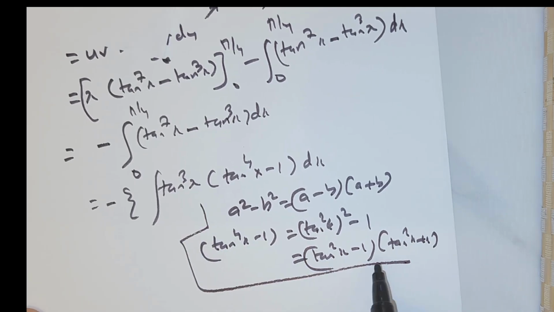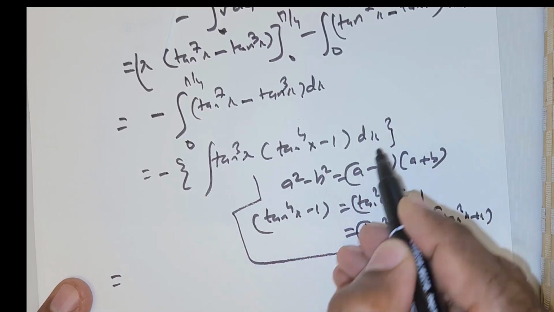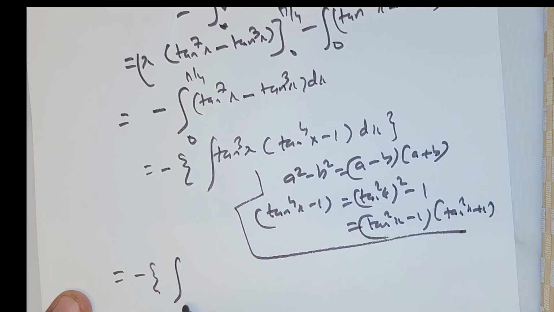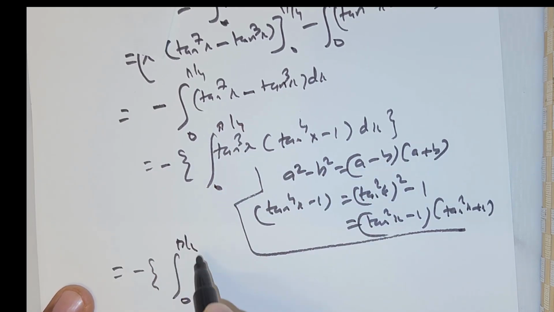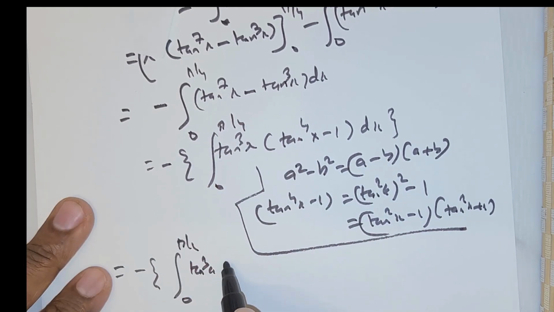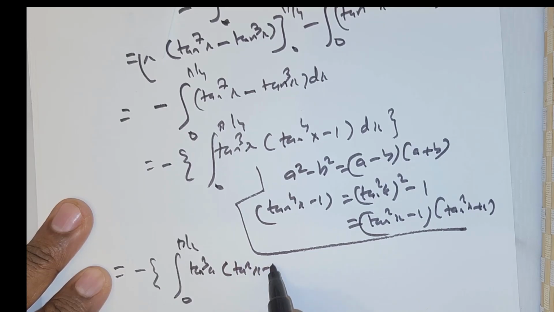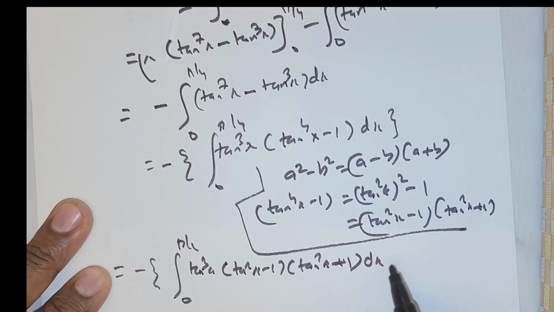So this is rewritten as a negative integral from 0 to pi over 4, tan raised to the power of 3x times tan squared x negative 1 times tan squared x positive 1 times dx.